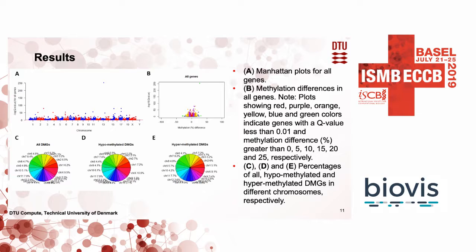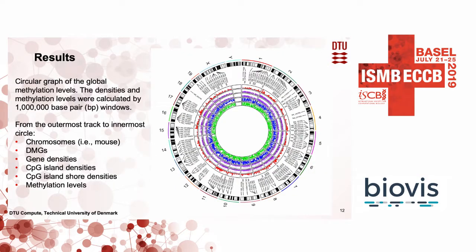And it can also output the hyper- or hypomethylated DM genes. Then it can output the circular graph with the information of chromosomes, the DMGs, the gene densities, the CpG island densities, and the shore densities, and then the different methylation levels in different groups.